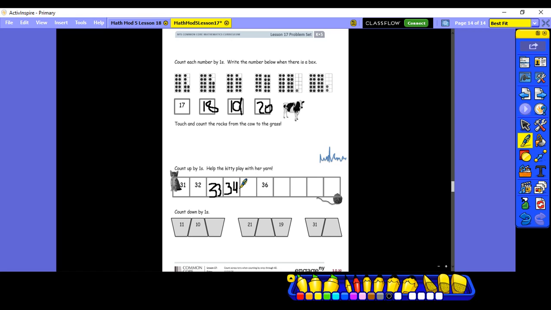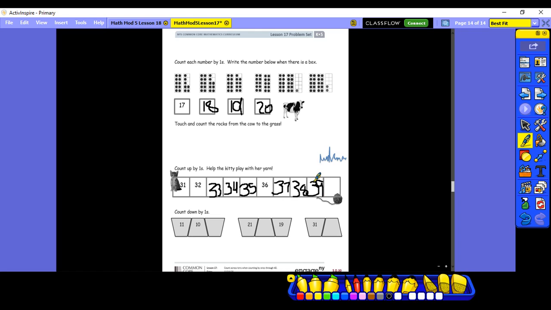One more. 35. One more. 36. One more. 37. One more. 38. One more. 39. Now let's think about that next group of 10.